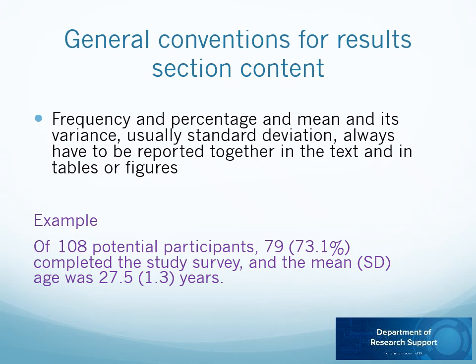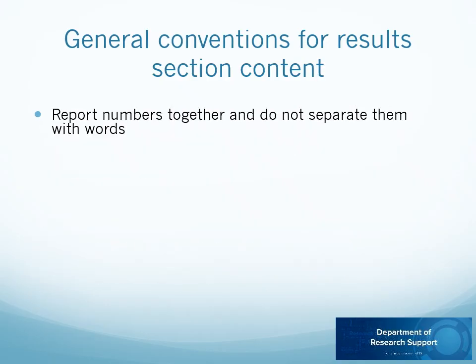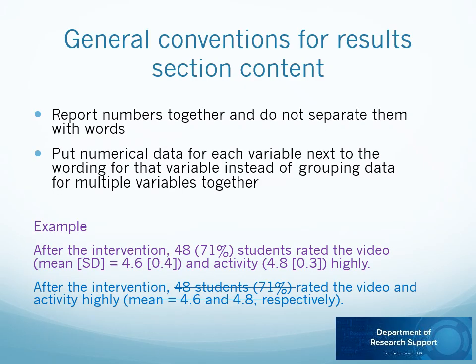Note, the total number of participants, the denominator, and the number of participants who completed the survey, the numerator, are included in the sentence. When reporting numerical data like frequency and percentage in the results section, the numbers should be reported together. It is harder for readers to evaluate your data when data that should be reported together are separated by words.